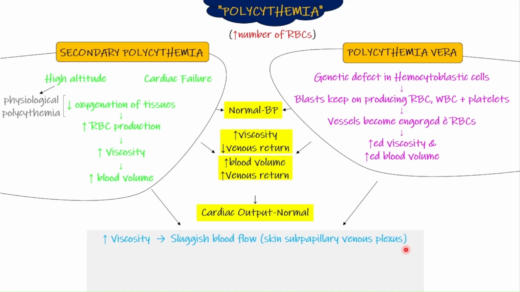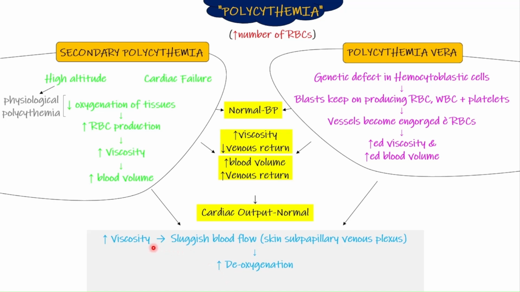Now, whenever the blood has a lot of RBCs, then due to increased friction, due to increased viscosity, the blood will flow slowly through those skin subpapillary venous plexus. And when the blood is flowing slowly, a lot of the oxygen will move from the blood into the tissues. Due to the sluggish blood flow, tissues have more time to deoxygenate the blood.